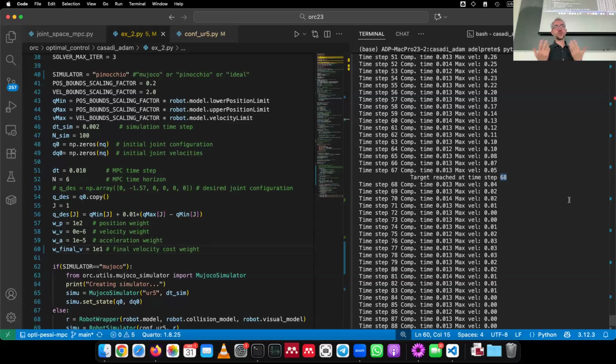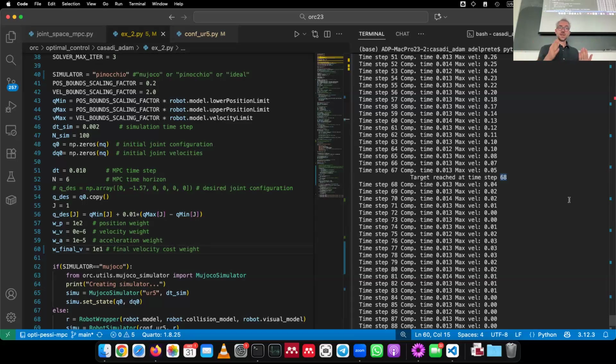But if that results in a decrease of performance that's not tolerable for your application because it makes the robot move too slowly, then as a second option, you could try a terminal cost, which is like a soft version of the terminal constraint, knowing that you're losing all the guarantees and you need to tune this weight so that it works.